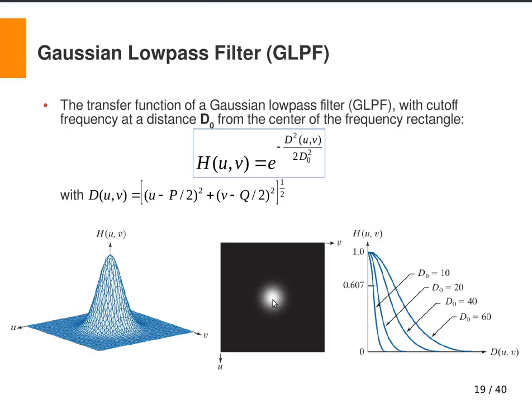Any bright region that we have is going to have less attenuation, but in the dark region we have the maximum attenuation. And here you see a 1D profile of this image drawn from the center of the frequency response going in the right direction. As you can see, by changing the values of d0, we basically have a Gaussian function with different spread or different width.